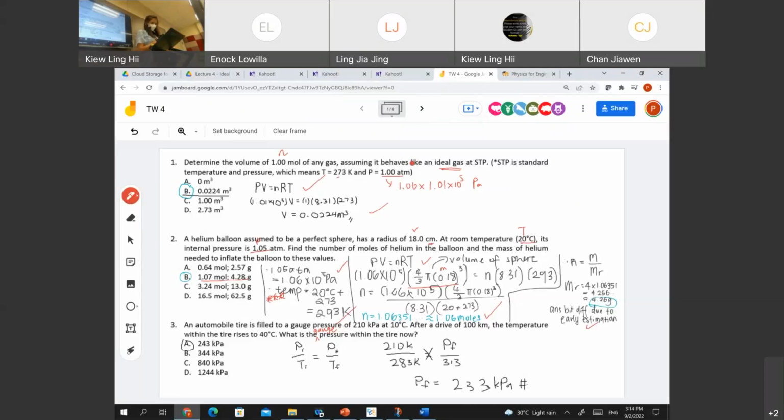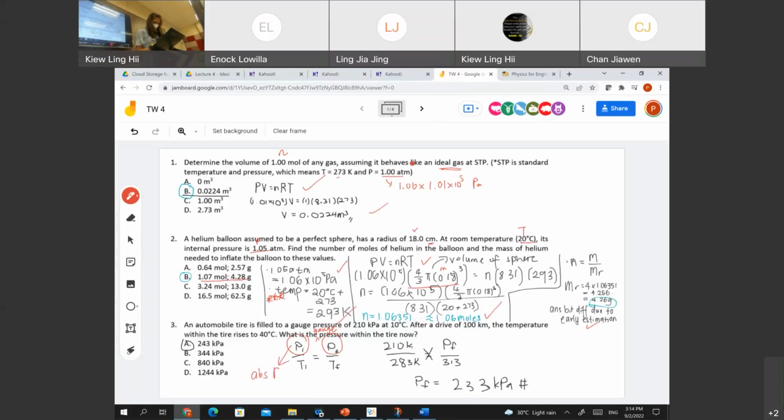The working is not acceptable. Remember, when using the ideal gas law, your P must be absolute pressure.